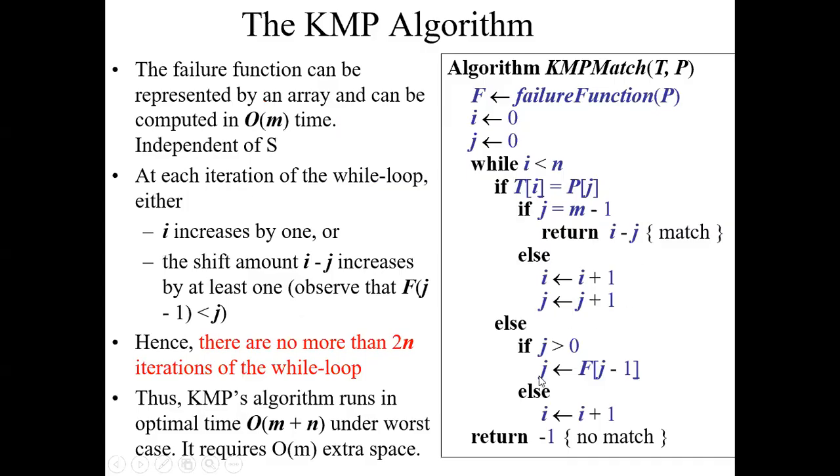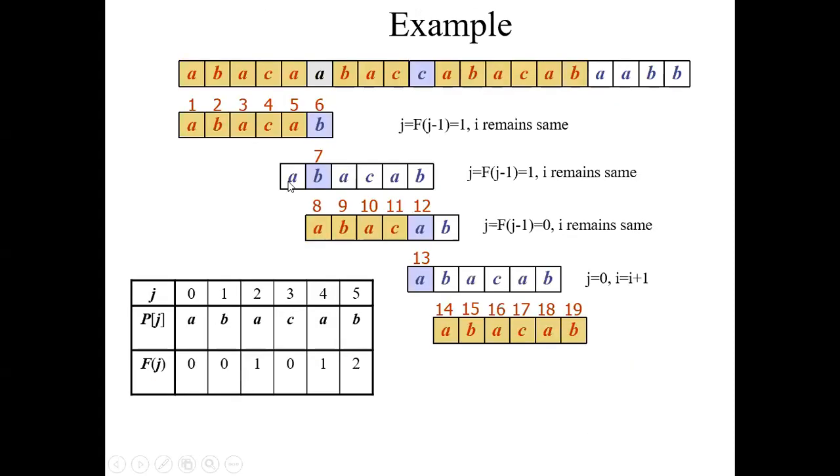I go back. So J will be F of, that is F of 0. So F of 0 की value 0, J की value 0 हो गई. That means now you can see ये 0 हो गया. Right? So again starting the matching here, here, here, here and here there is a mismatch.